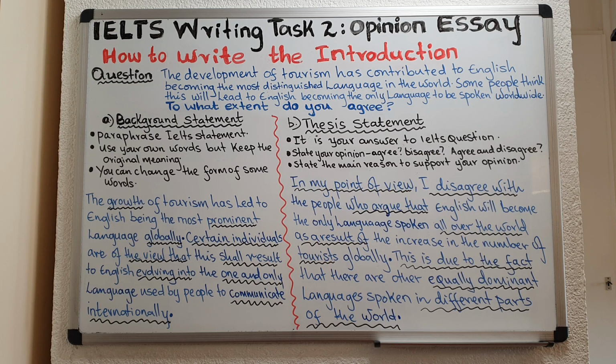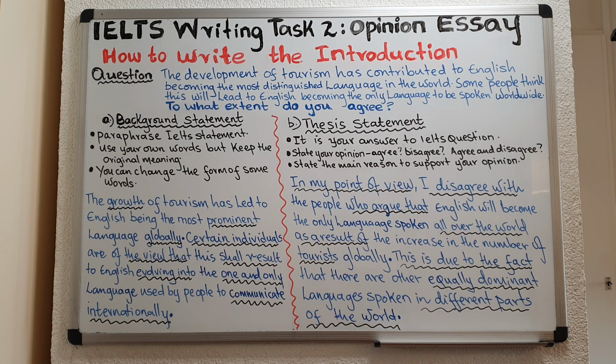The second part of the statement, some people think this will lead to English becoming the only language to be spoken worldwide. So the second part means that because of the spread of tourism, English has become the most commonly used language in the world, and because of that, some people think that in the near future, English will be the only language spoken worldwide.